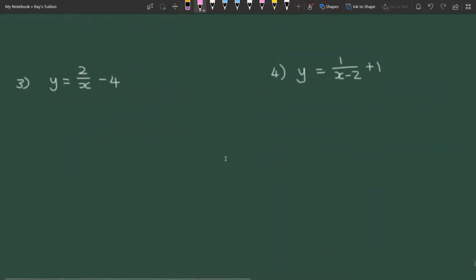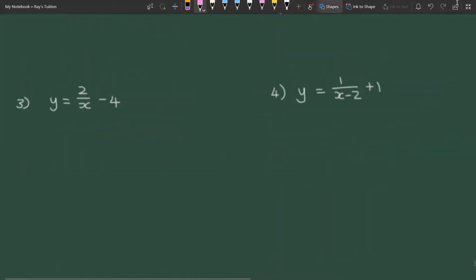Okay, let's have a look at another one. Let's first get our asymptotes because that method really helps. Our asymptote is X is equal to 0 because our P value is 0, and this is the equation of the y-axis. And our other asymptote is Y is equal to minus 4. So we know that we're going to have no y-intercept because X is equal to 0 is an asymptote.